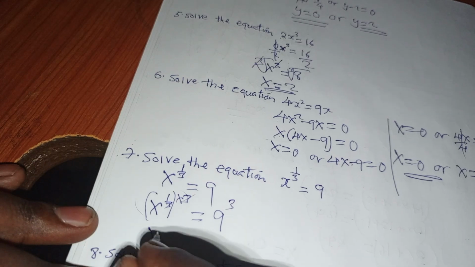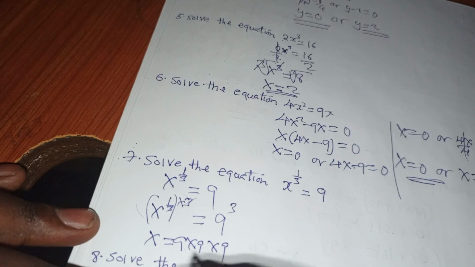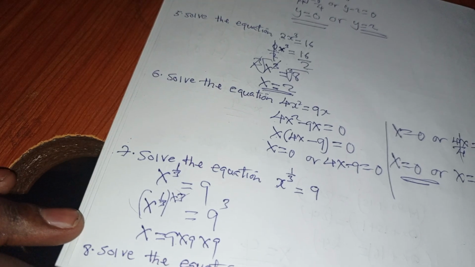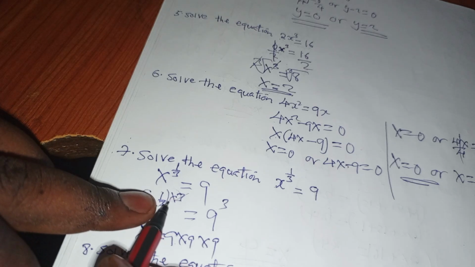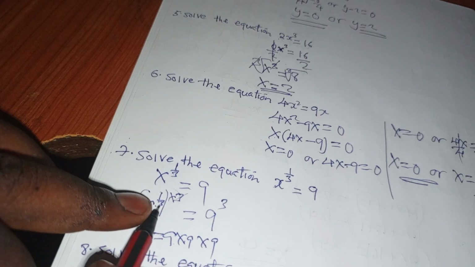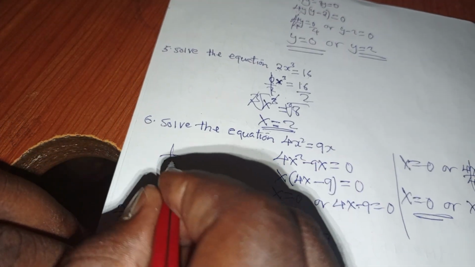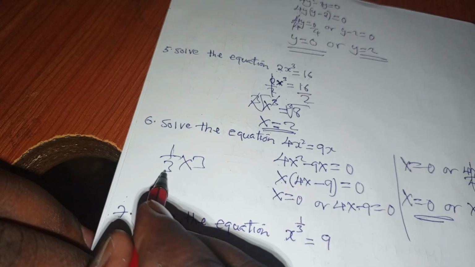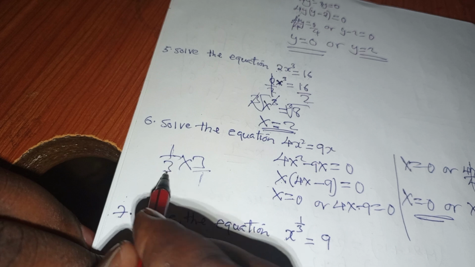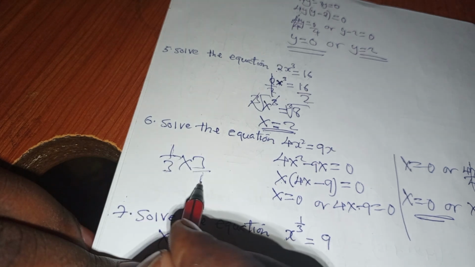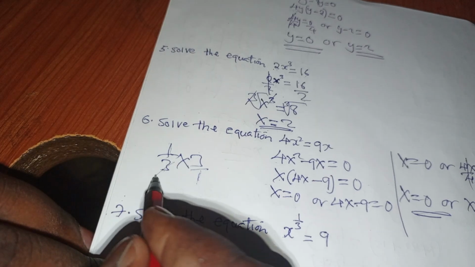So I'll remain with x is equal to 9 times 9 times 9. We find the answer here. Because this is x to the power 1 over 3, I've considered this 3. I've multiplied, because I know the reciprocal of 1 over 3 is 3 over 1, so that the 3 and the 3 can cancel.